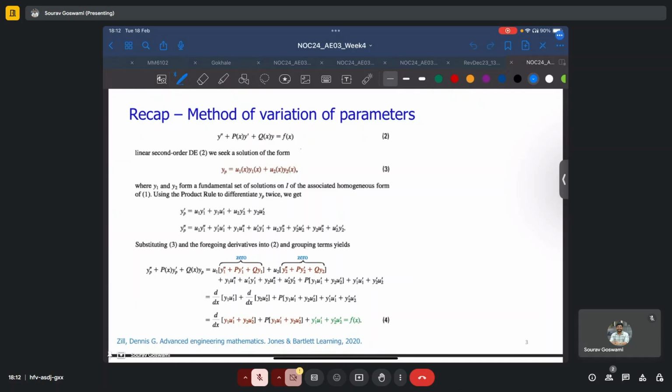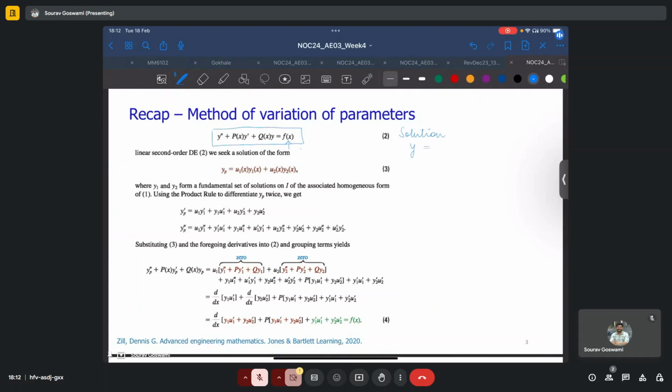If we just recall, a second order differential equation in standard form is given here to us: y'' + p(x) y' + q(x) y = f(x). Now this is a non-homogeneous equation because its RHS is not 0, and so the general solution y will have two parts.